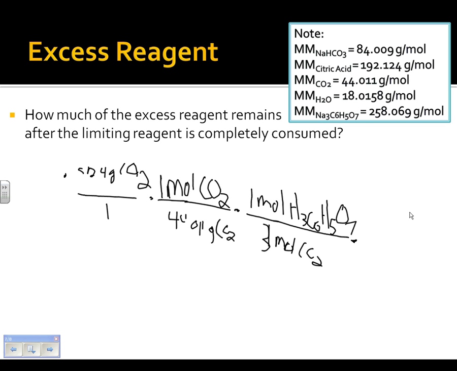Then multiply it again by 196.124 grams, the molar mass of citric acid, which you already have because it's going to be on the table.